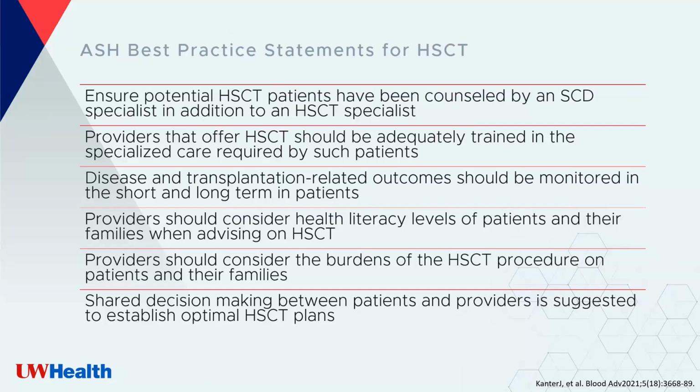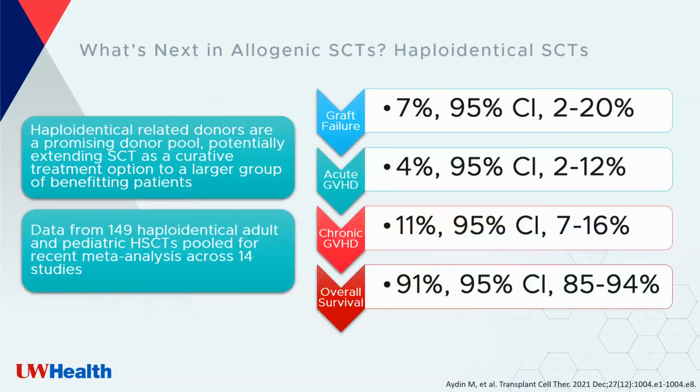So this can be stem cell transplant specialists and hematologists, the inclusion of patients and family in decision making, promoting heavier consideration of health literacy in regards to the transplants and the procedure itself, and then generally promoting holistic care for patients instead of merely procedural care. So these best practice statements are meant for our clinicians across the country to help improve the care for our patients and improve clinical outcomes regarding hematopoietic stem cell transplants.